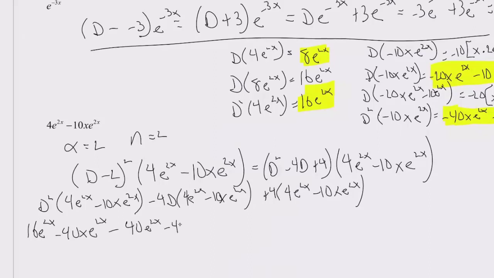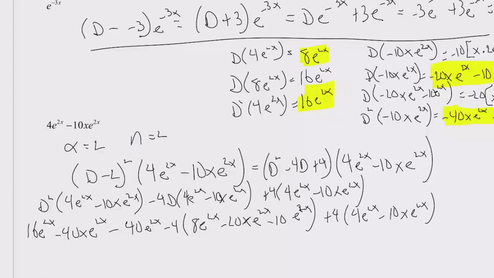Then minus 4 times the first derivative of 8e to the 2x, and then the other term, which was minus 20x e to the 2x minus 10e to the 2x. And then plus the 4e to the 2x minus 10x e to the 2x.